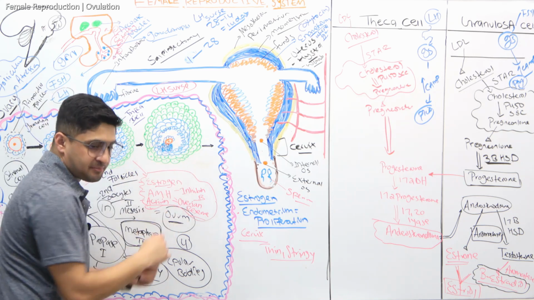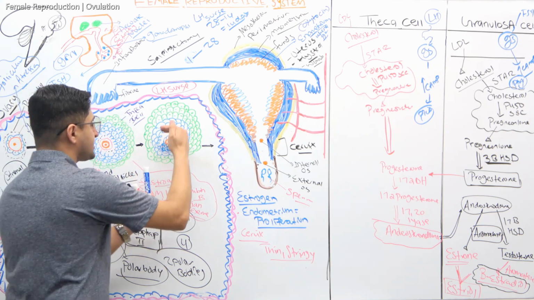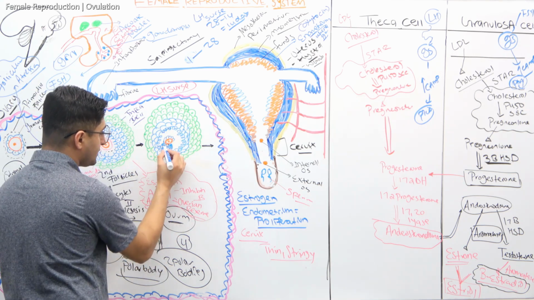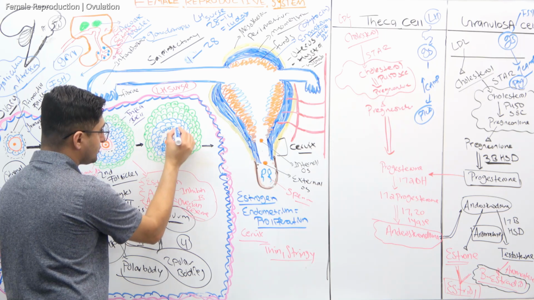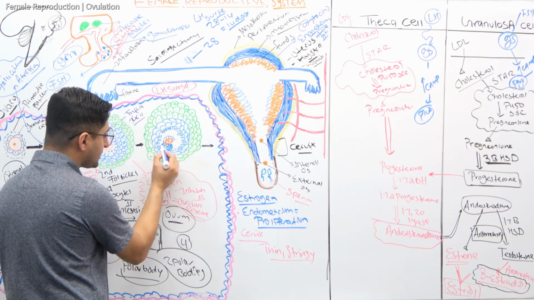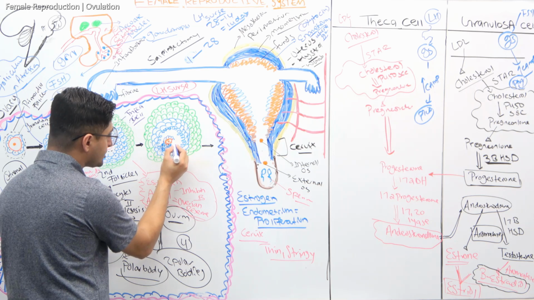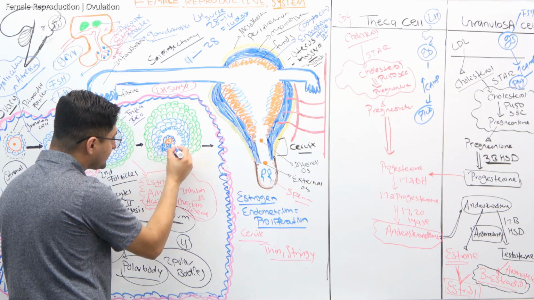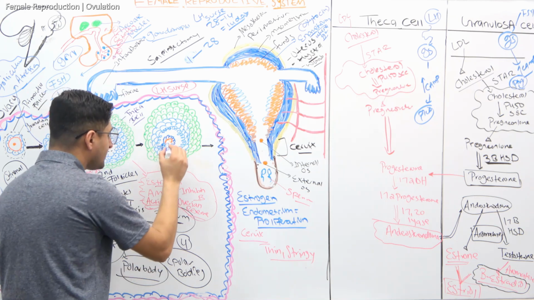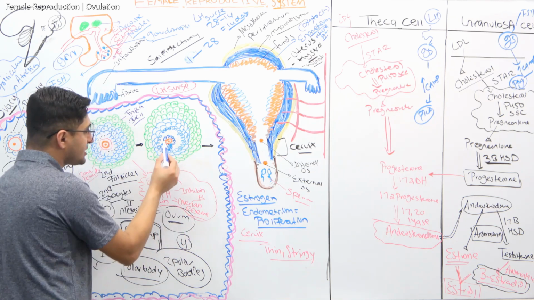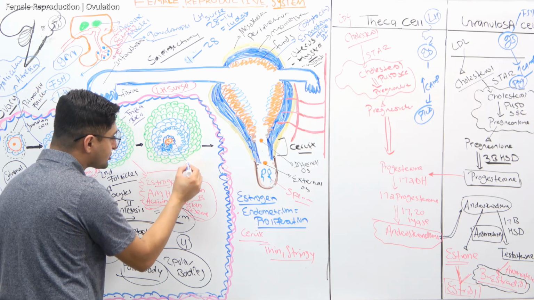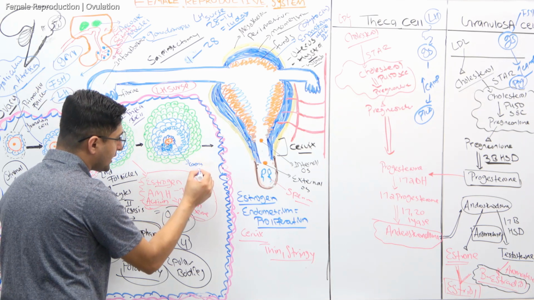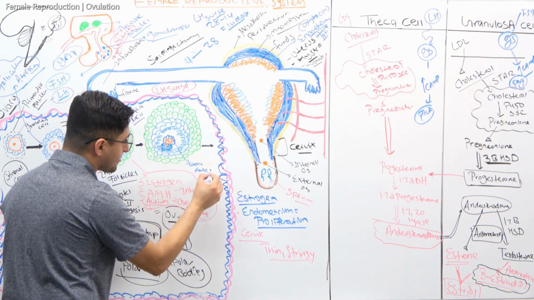And remember, this fluid separates the granulosa cells, like this, look. This blue is my granulosa cell, right? This oocyte is crowned with the granulosa cells. The crown is called the corona radiata, all right? That's what it's called.